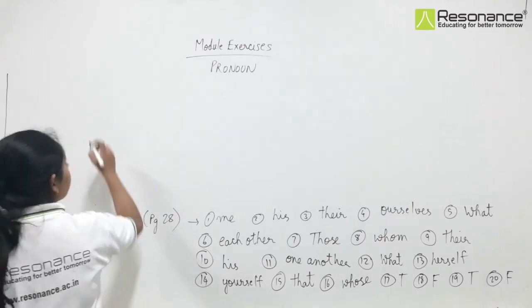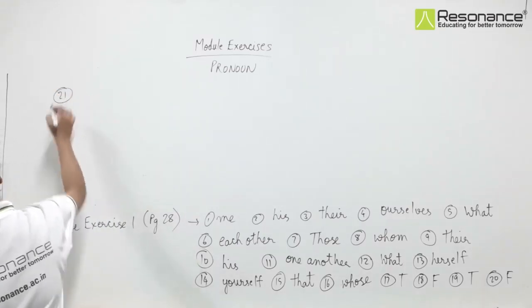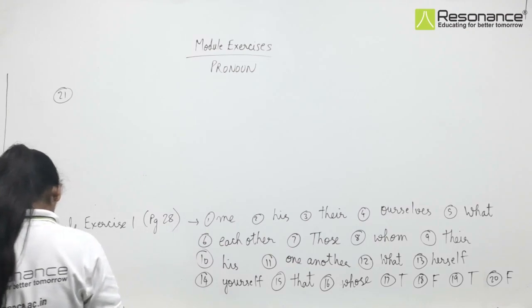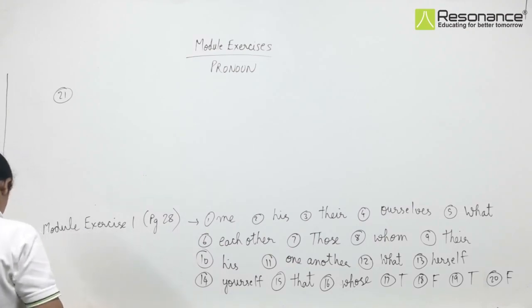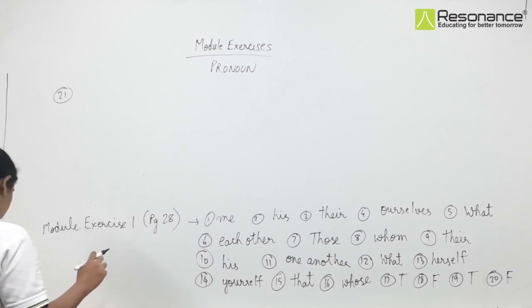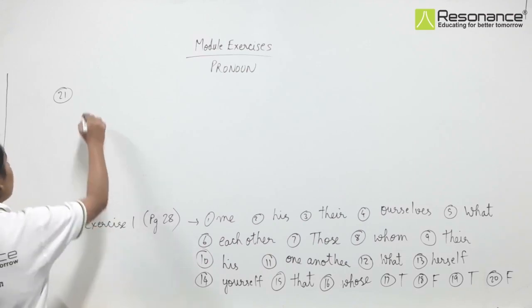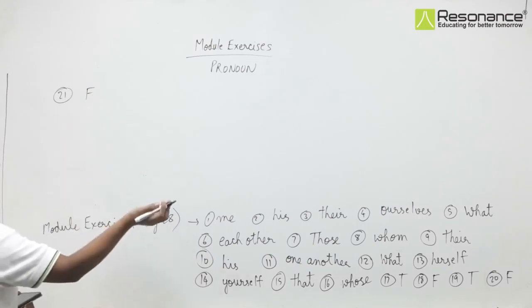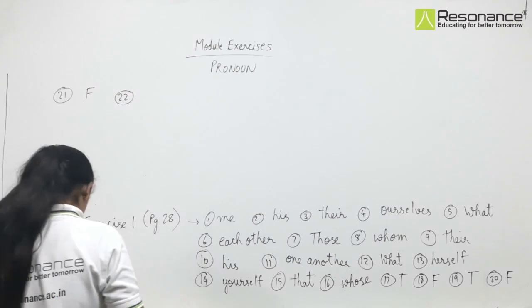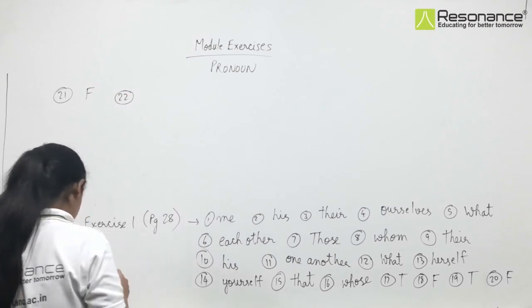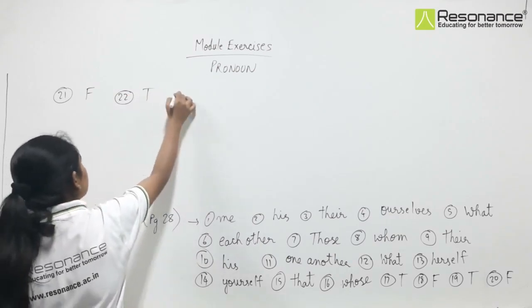Then question number 21. Relative pronoun who is used for non-living things. It is false. We use who for only living things. Who is only used for persons. Question number 22. Whom is used in formal written English? Yes, this is true.